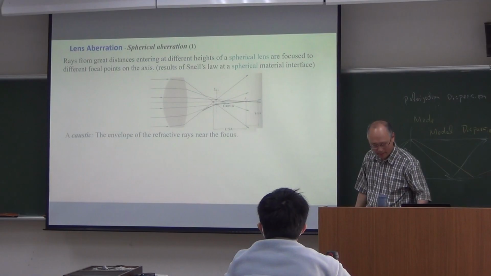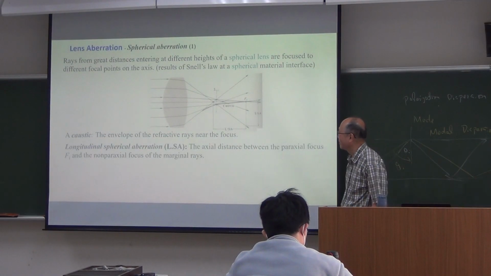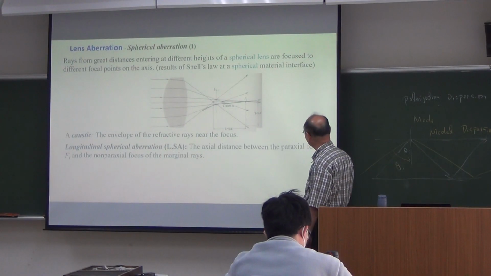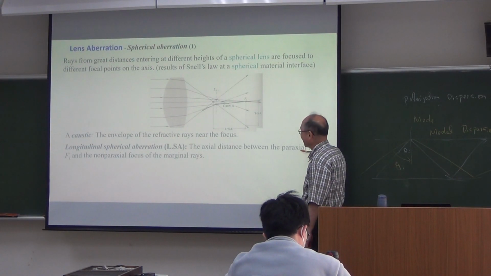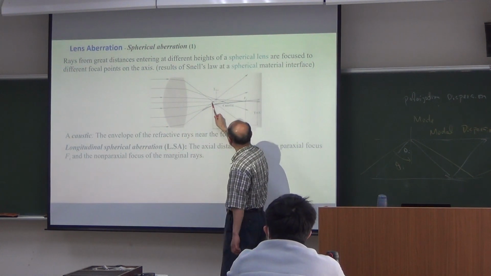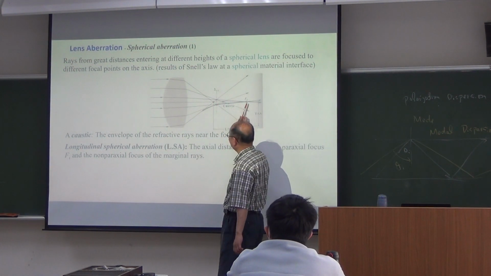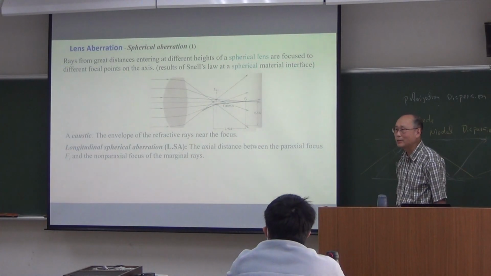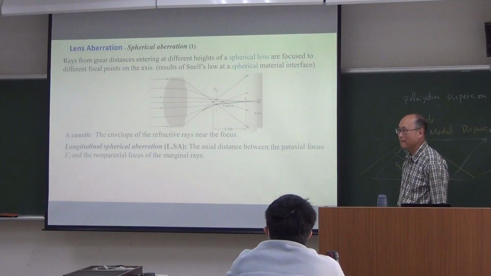Okay, and then we have longitudinal spherical aberration. Longitudinal spherical aberration is between the paraxial focus and the non-paraxial focus point. This point and this point is called LSA, that is, longitudinal spherical aberration. Okay, so this is the language when we talk about this kind of aberration.